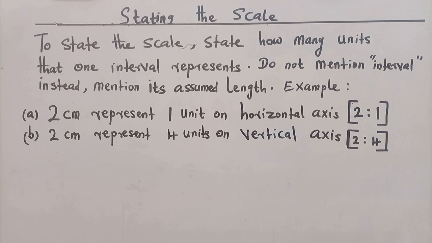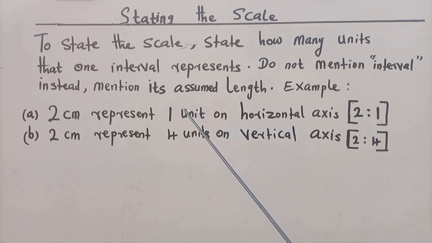But recall that for our case that is just going on, the graph page we're using contains 10 unit boxes per interval, which means that our graph page is a 2 cm interval type. That is why we now wish to state the scale we are using for the case at hand.